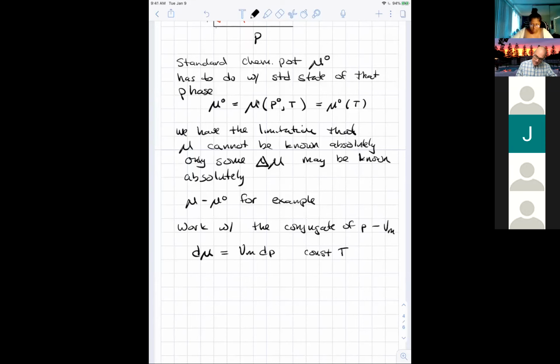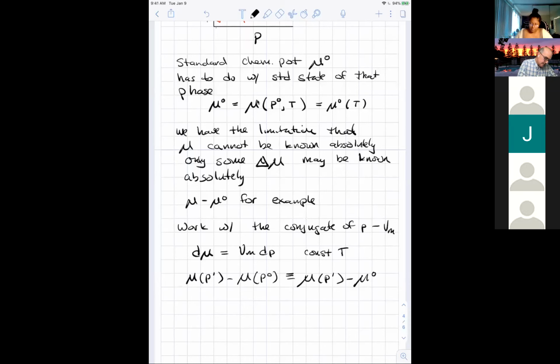So let's now say that a change from some pressure relative to the standard pressure, right? We're going to call mu naught the chemical potential at the standard pressure. That's the standard mu.